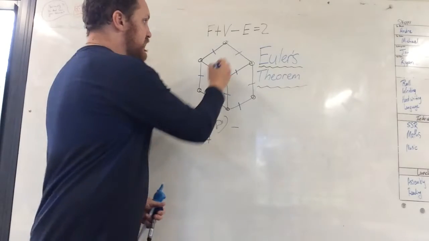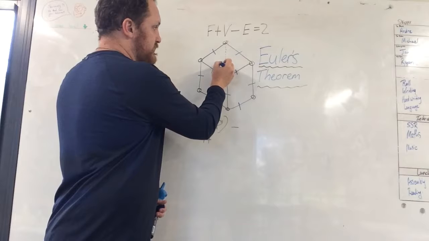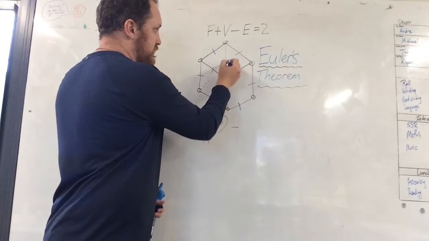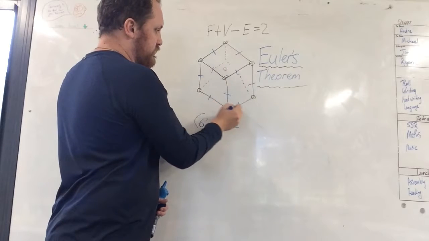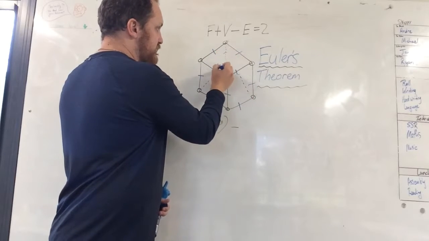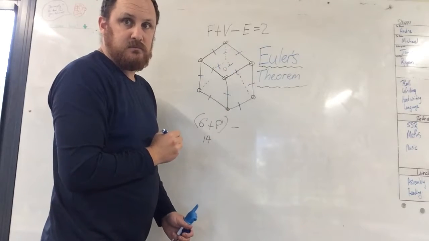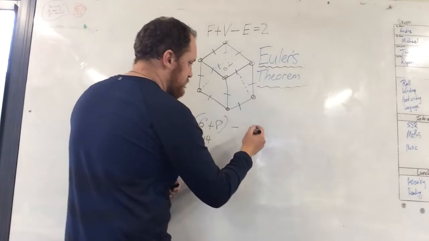Now there's an edge running down the back here, 10, and another one that runs across. Okay, so 1, 2, 3, 4, 5, 6, 7, 8, 9, 10, 11, 12. Make sense? So 12 goes in our equation here.